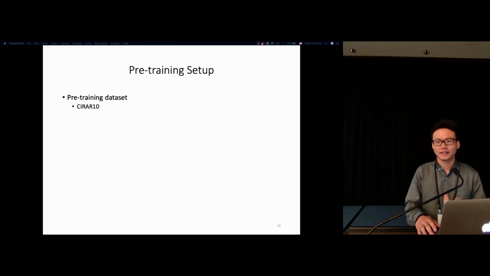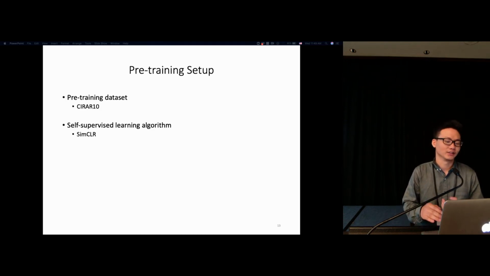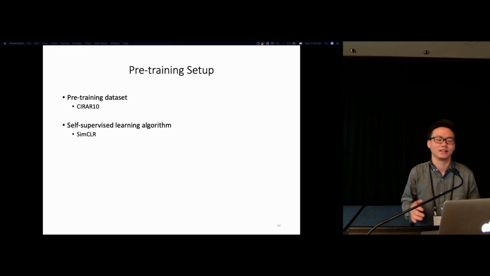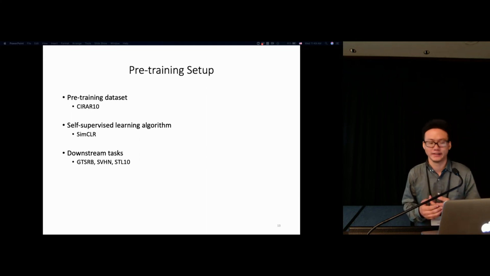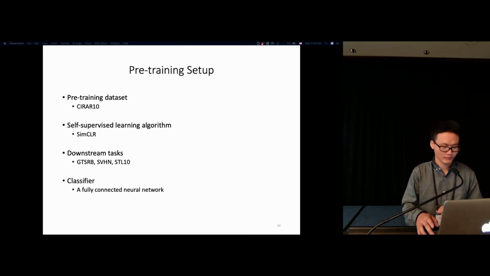We use CIFAR10 as a pre-training dataset and use SimCLR, a popular self-supervised learning algorithm, to pre-train encoders on the pre-training dataset. We use GTSRB, SVHN, and STL10 as downstream tasks, which respectively represent traffic sign recognition, digit classification, and object classification. We use a fully connected neural network as a classifier.